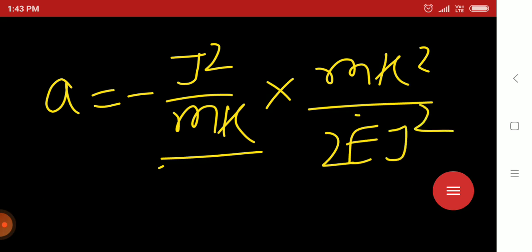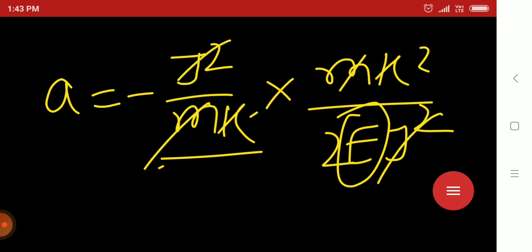Here capital E is energy. So j square will be cancelled out, m will be cancelled out, k and k square cancel out to give k, and only 2E is remaining.